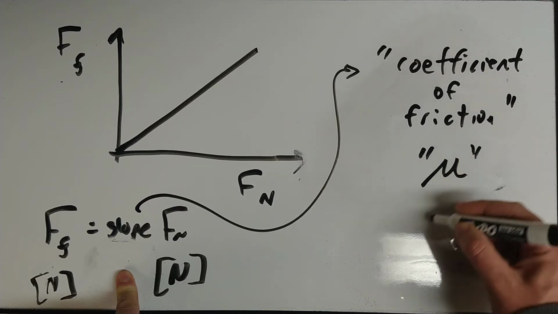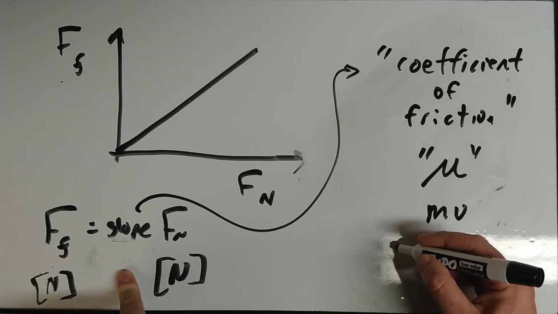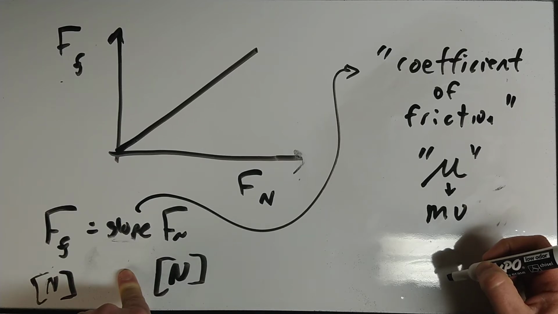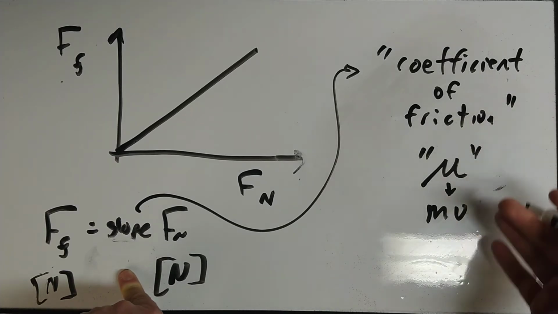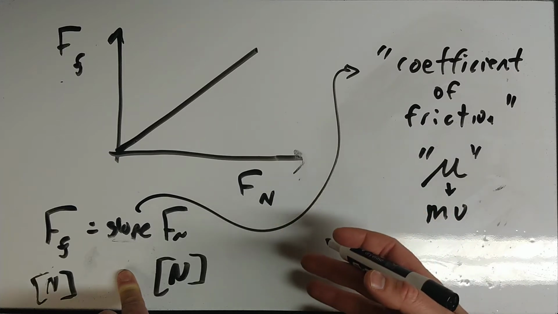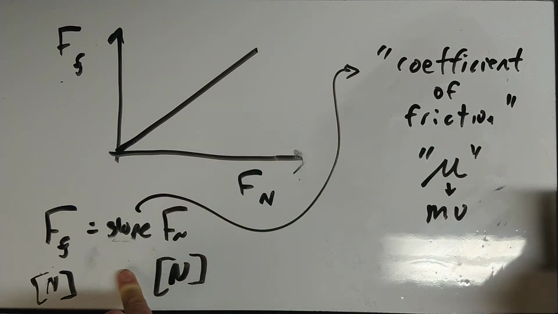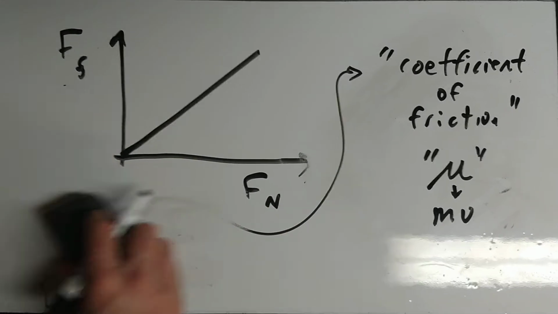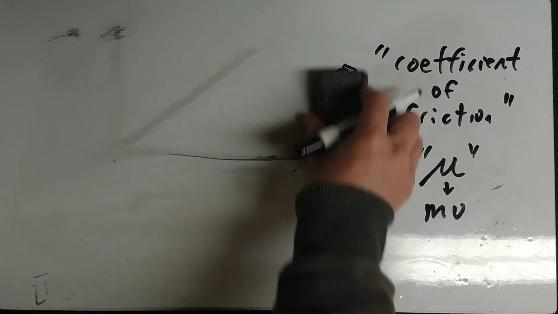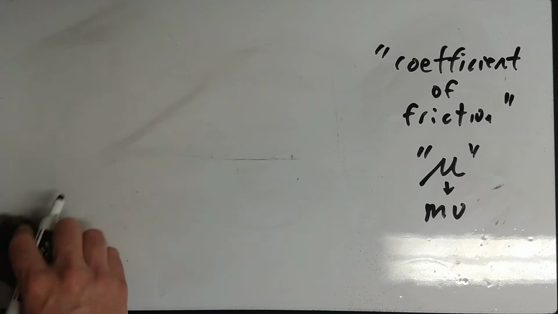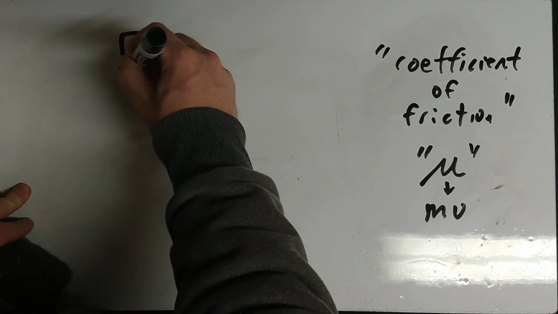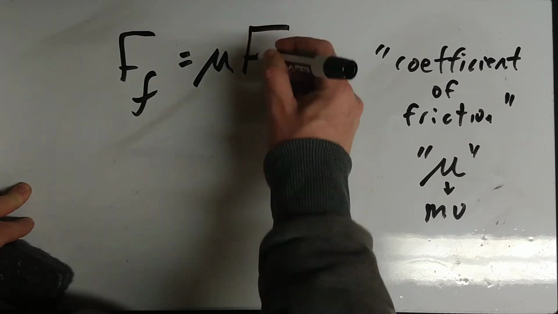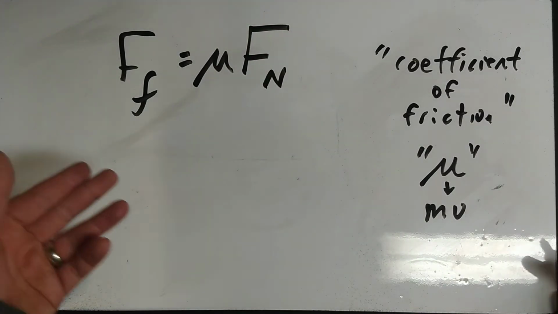It's a mu. Mu is the name. It's a Greek letter, mu. And these are determined for every type of surface. So the equation for the force of friction acting on something equals the coefficient of friction times whatever the normal force acting on the object is.